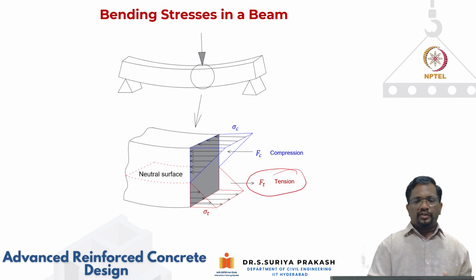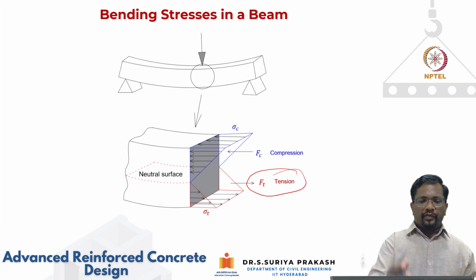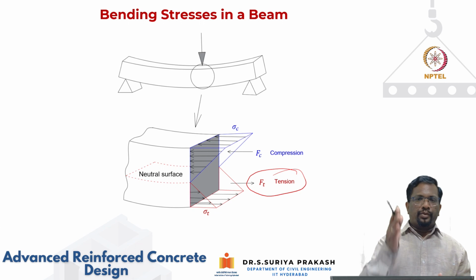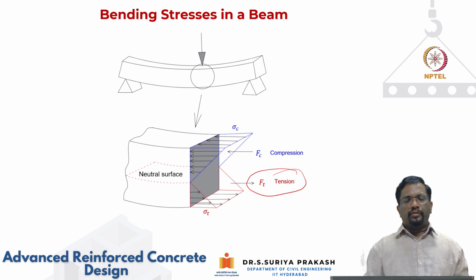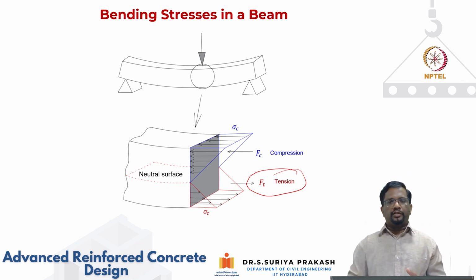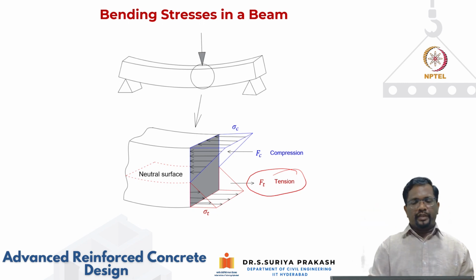So, for example, this is a simply supported beam that is subjected to a point load that you see here. And if I take a section and look at the stresses, if it is a plain concrete beam, you know from simple bending theory that you're going to have compression at the top and tension at the bottom, and strain is going to vary linearly.